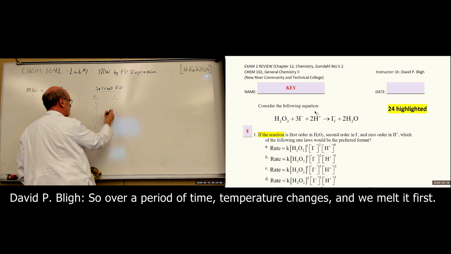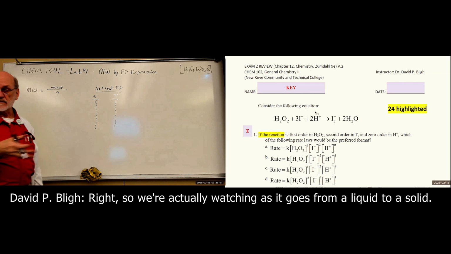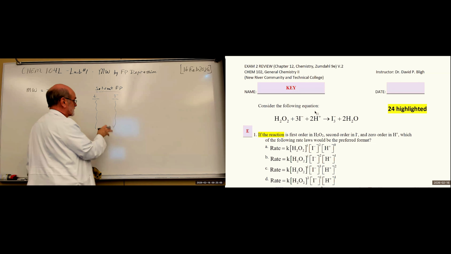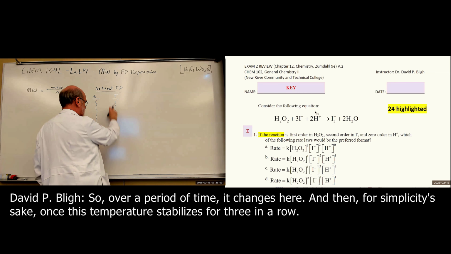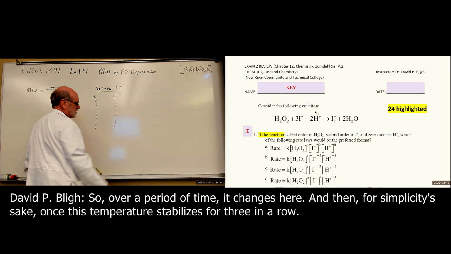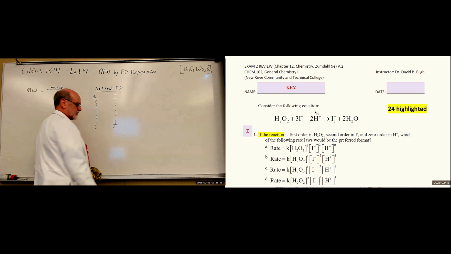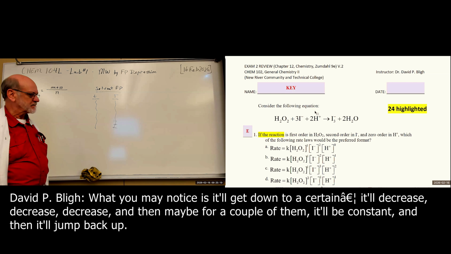Over a period of time, temperature changes and we melt it first, so we're actually watching as it goes from a liquid to a solid. For simplicity's sake, once this temperature stabilizes for 3 in a row, that's your freezing point.